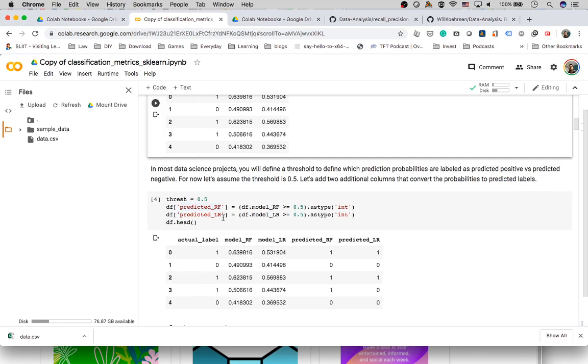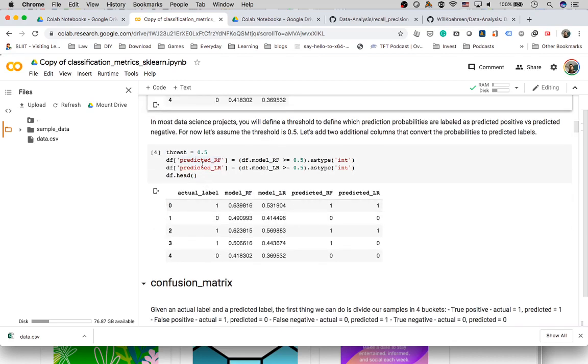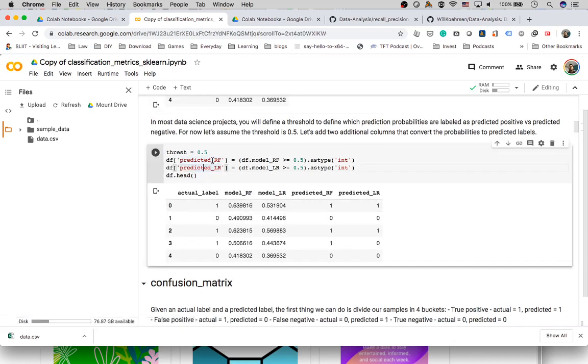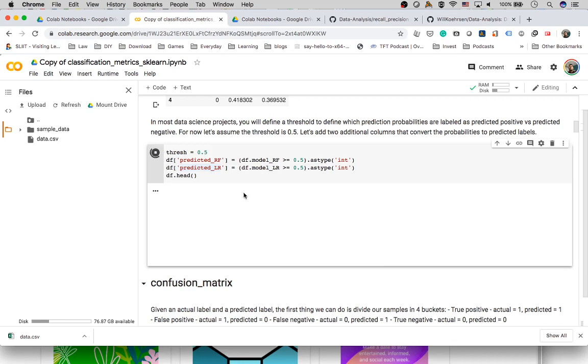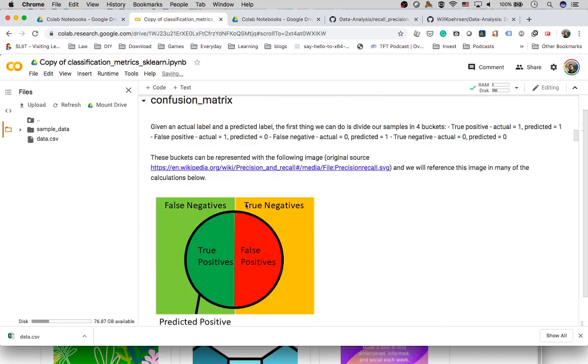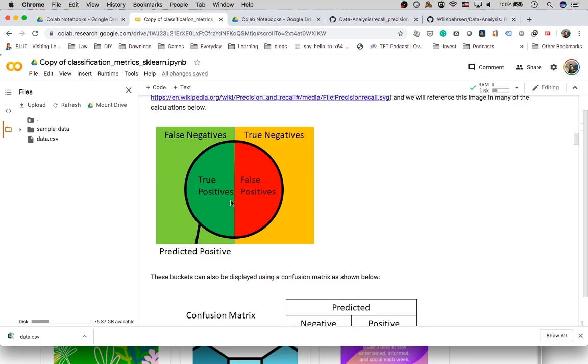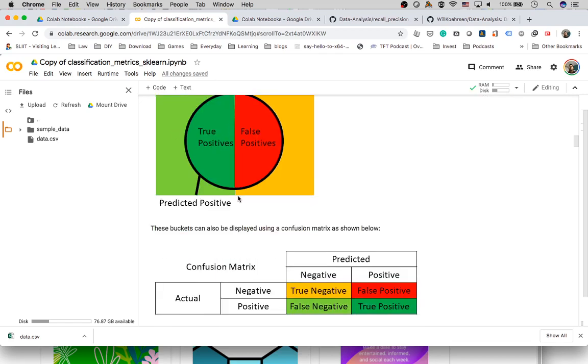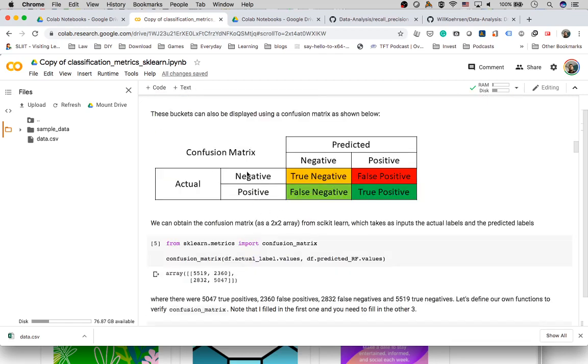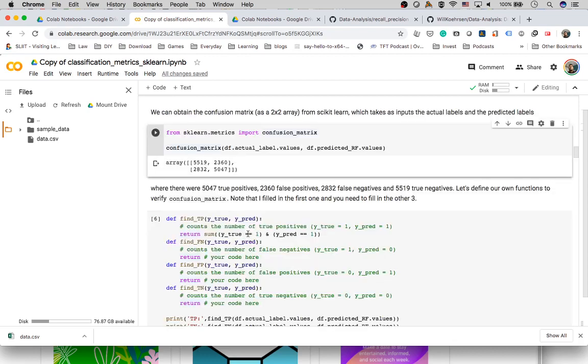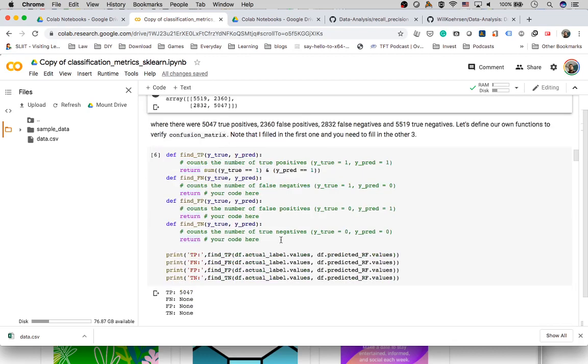All the details are given here, so I'm not going to run this. You have the predicted one and also the actual one, and the confusion matrix is defined here. So you can see all the necessary things here. This is the confusion matrix. You can run them, and from there onwards you can continue.